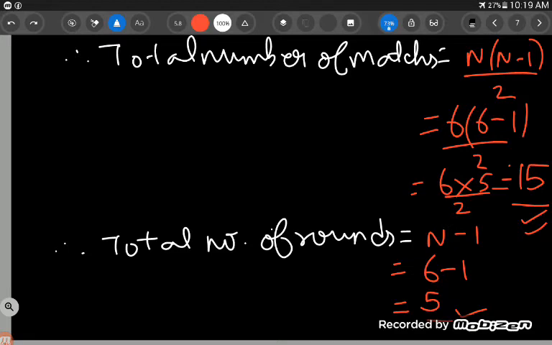So I am going to draw the fixture of the 6 teams. Write the names of the 6 teams. Children, please always try to write alphabets or numbers.